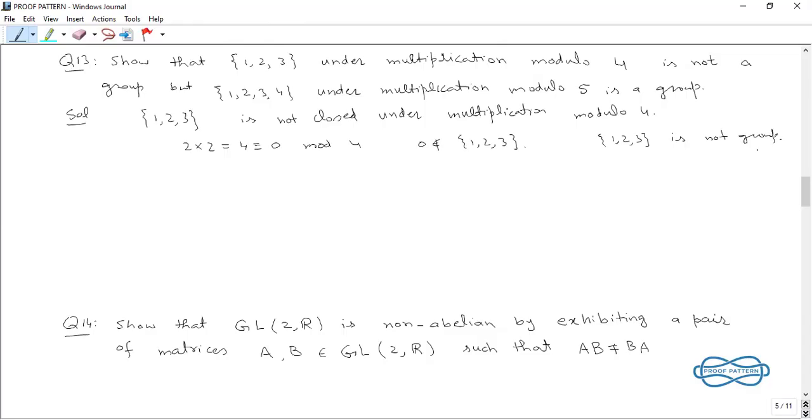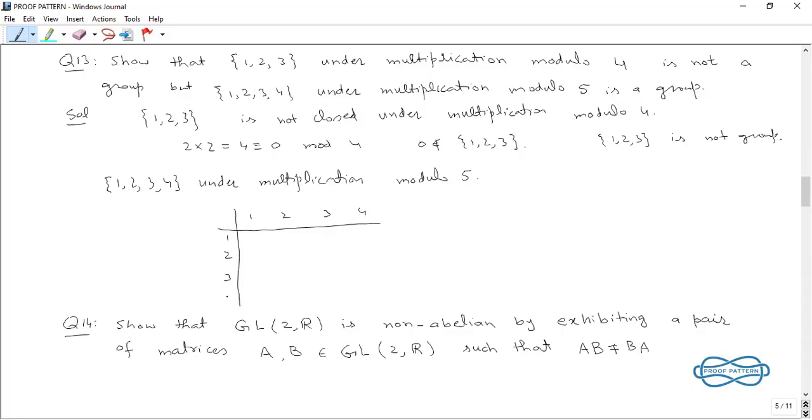Now we move toward the next set, which is {1, 2, 3, 4} under multiplication modulo 5. We make the Cayley table for this group with elements 1, 2, 3, 4.